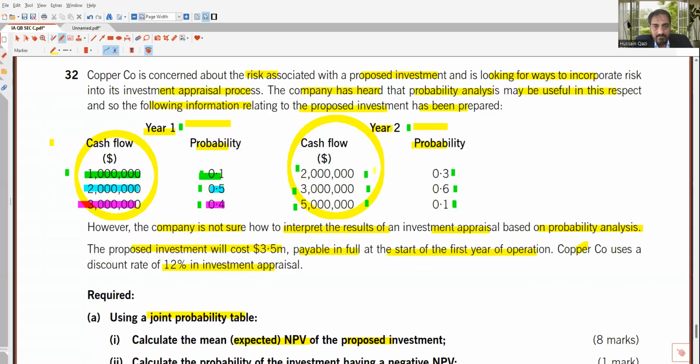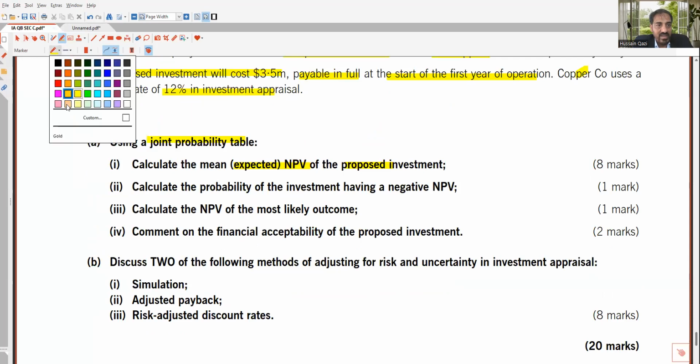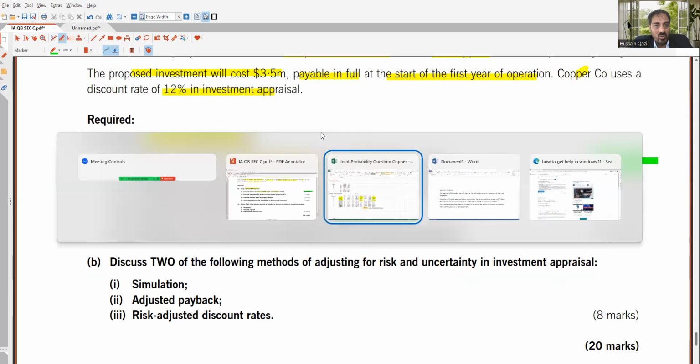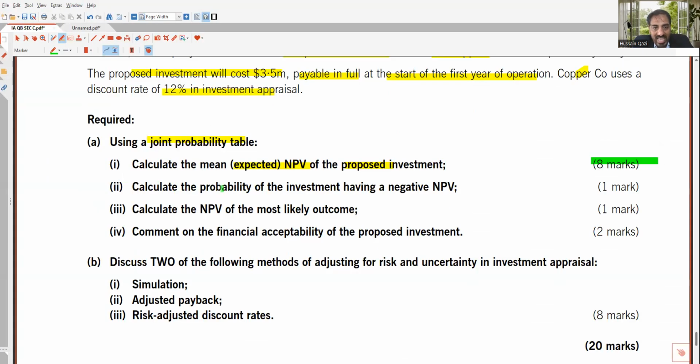Now, first of all, come to the question requirements. The first requirement is to calculate the mean or expected NPV of the proposed investment. Done, 8 marks. The answer is 865.43. Number 2, calculate the probability of the investment having a negative NPV. 1 mark.